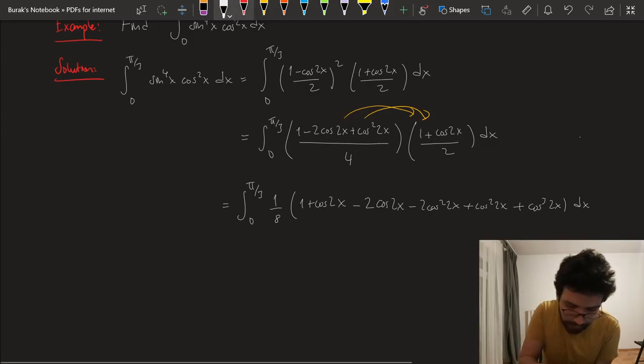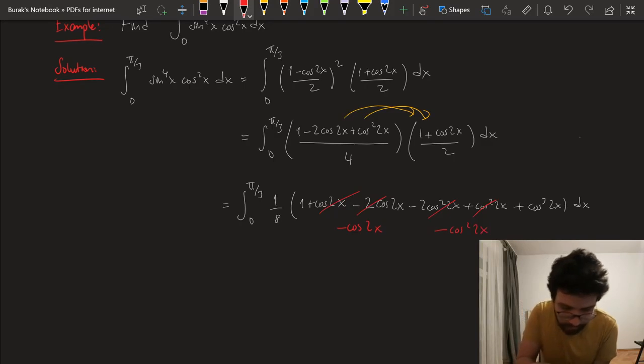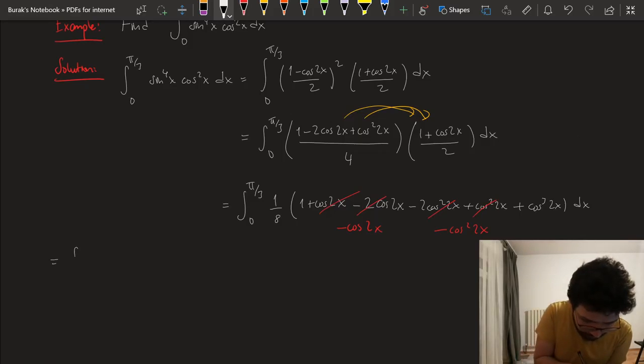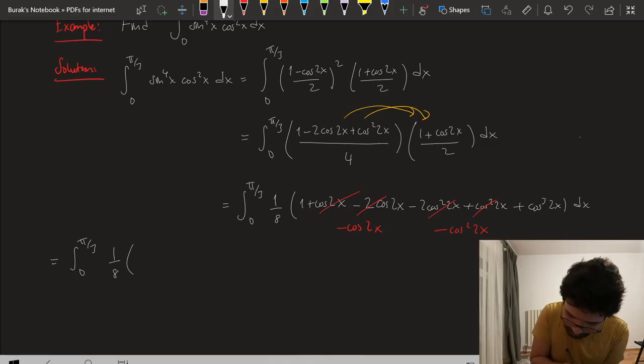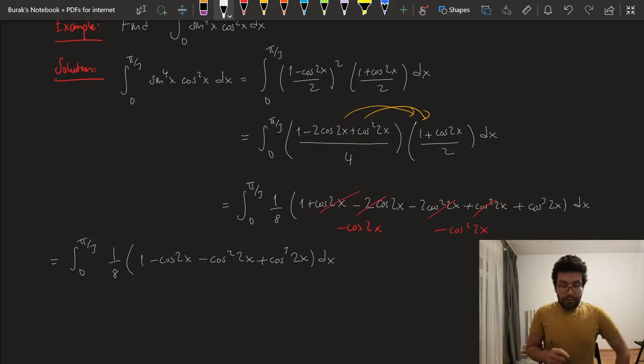And then some things will cancel each other, so you're going to get minus cosine 2x here, and then minus cosine squared 2x here. So this will be 1 minus cosine 2x minus cosine squared 2x plus cosine cubed 2x, and that's that.